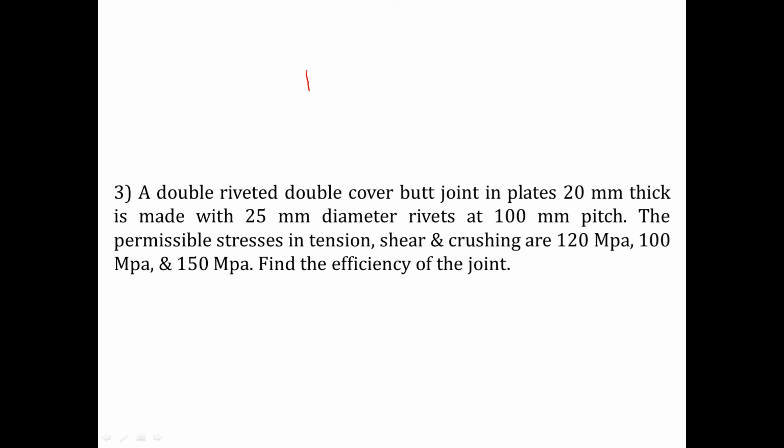this is your plate number 1. You have joined this first plate with the second plate by butting process. Okay, and we have used double riveted double cover. So this is your first cover, this is your second cover, and we have used double riveted.